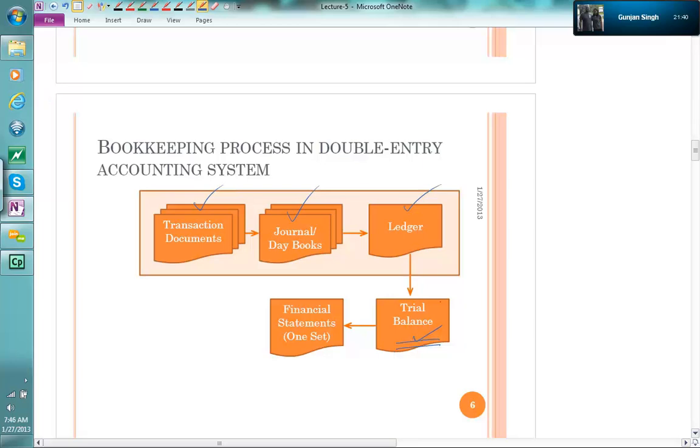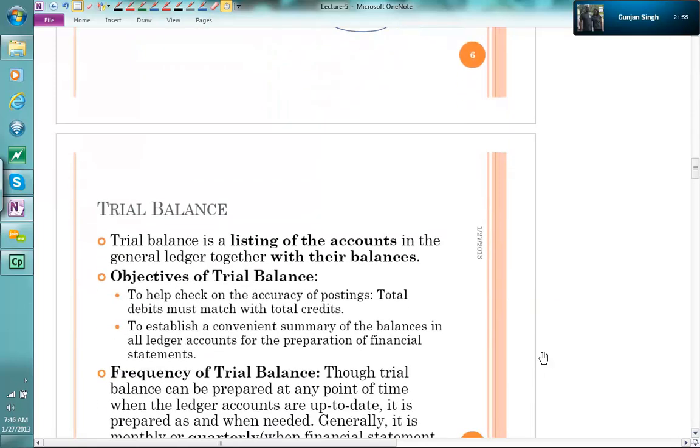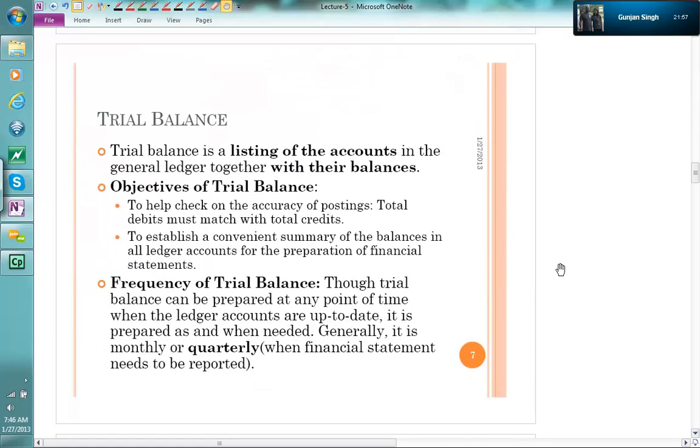That starts with preparation of the trial balance. Once the trial balance is ready and validated, then we churn out financial statements. So let's see what is the meaning of trial balance and how it looks. Though it is a fancy name, it is simply a listing of all the accounts in the general ledger.